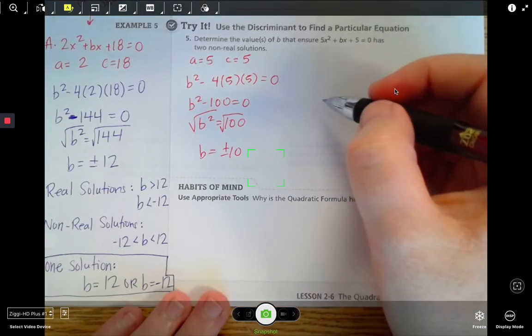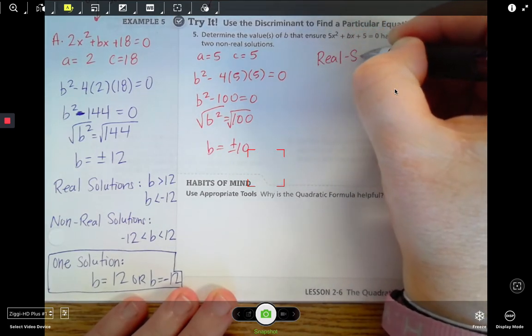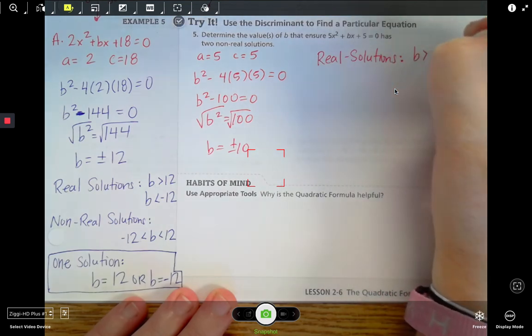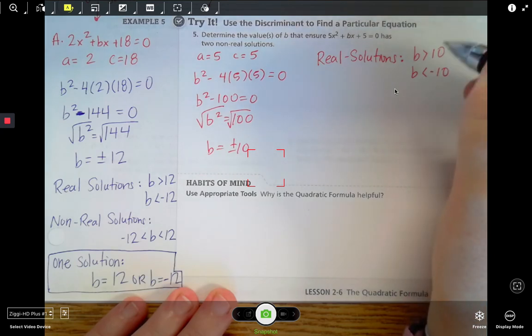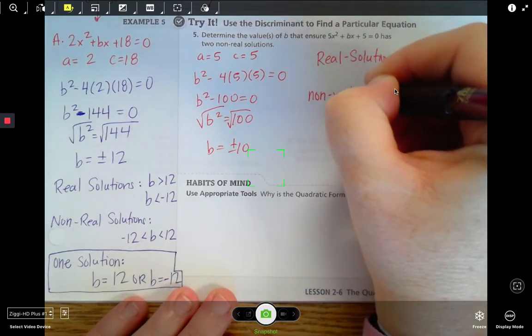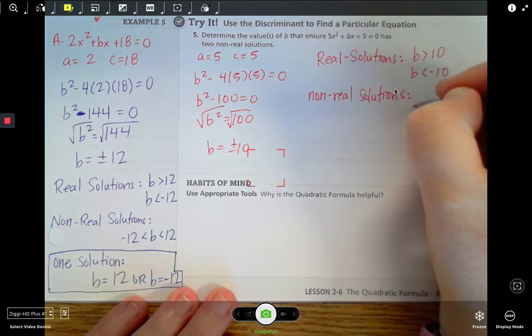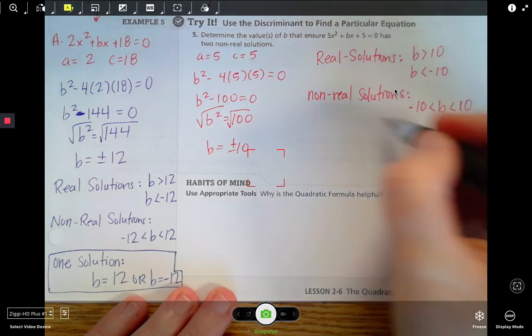So let's think about this. If we want two real solutions, b has to be greater than 10, or b has to be less than negative 10. If we want non-real solutions, b has to be between negative 10 and positive 10.